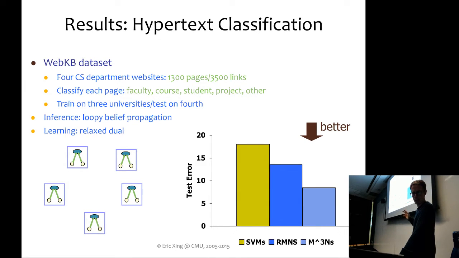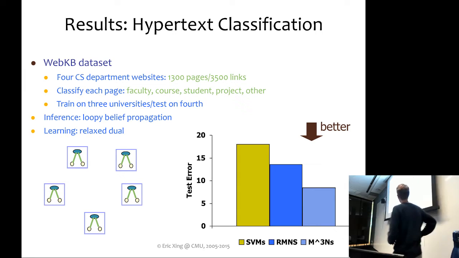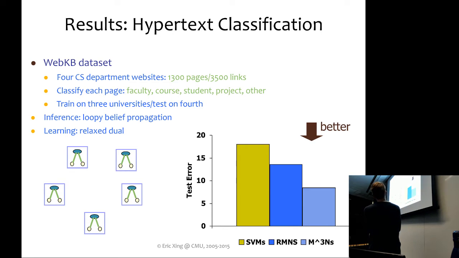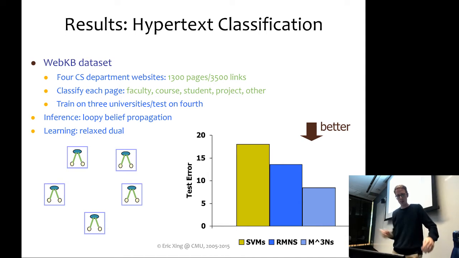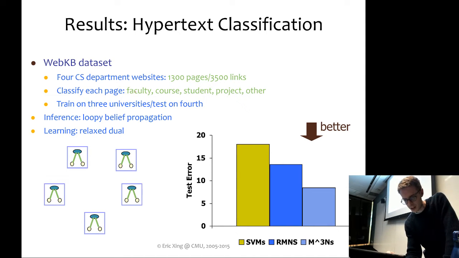So this task is interesting because it relies on approximate inference, which we haven't yet discussed. The task is trying to classify each page as either a faculty page, a course page, a student page, a project page, or other.